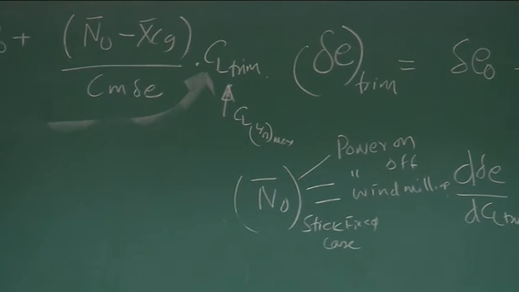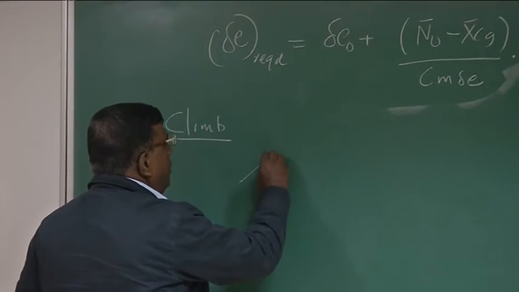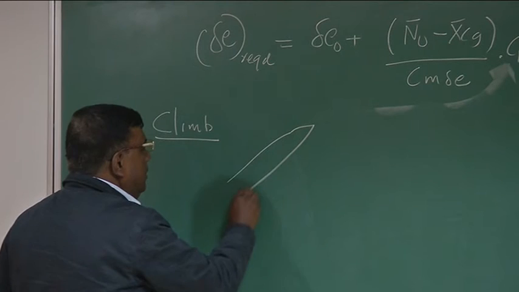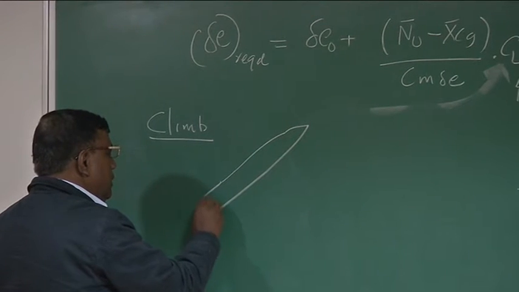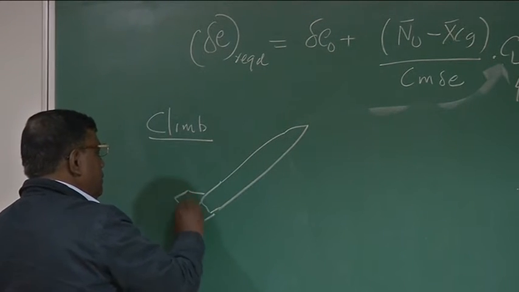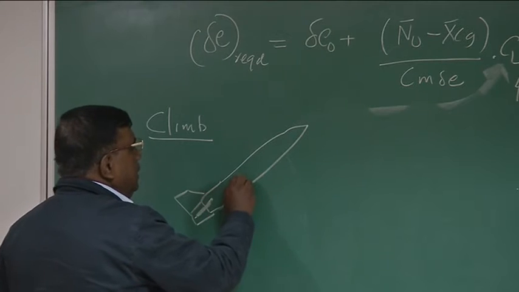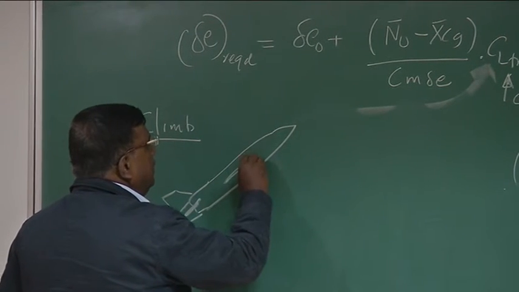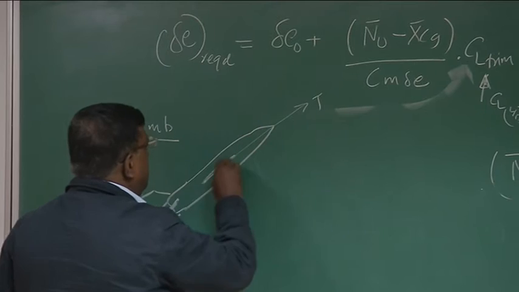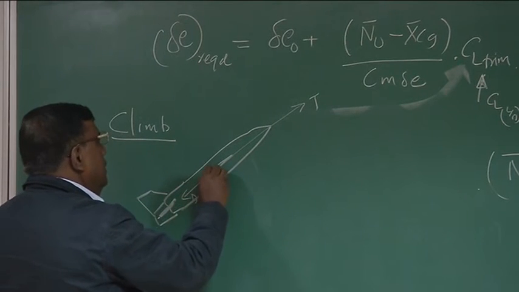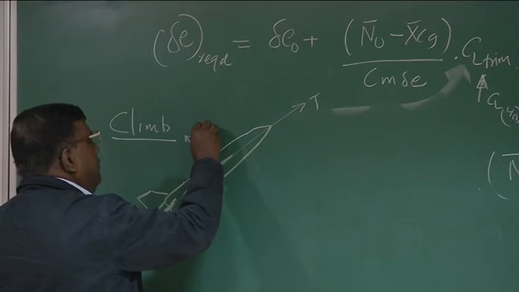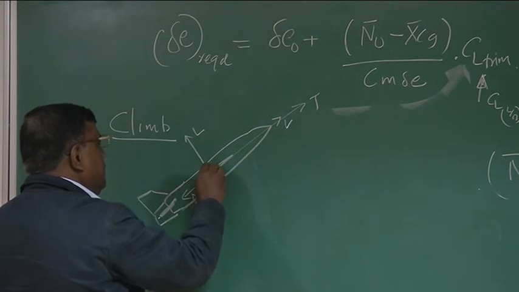Next case, let's say climb. How did you model climb? If you recall, this is the plane, this is the vertical tail, this is the horizontal tail, this is the wing, and say T, this is D, and this is lift. Let the V be in the same direction.